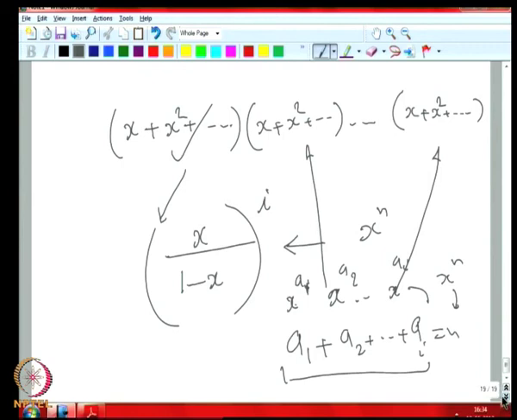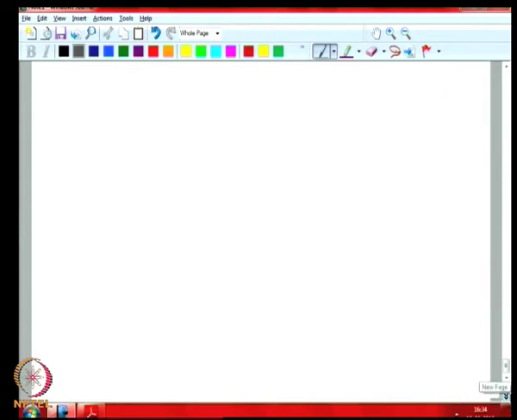Now of course we want the total number. We could have figured out the coefficient of x raised to n in x by 1 minus x whole power i, but that is not what we want. We want the total number, namely the coefficient of x raised to n in the sum of x by 1 minus x whole power i, where i goes from 1 to n. 0 is not necessary, because we are starting with one summand only; there is no 0-summand composition of n.